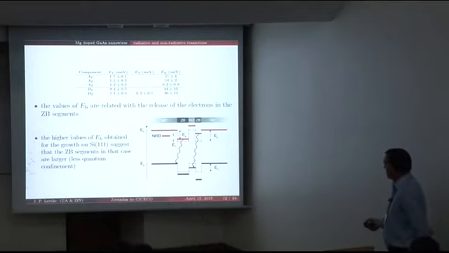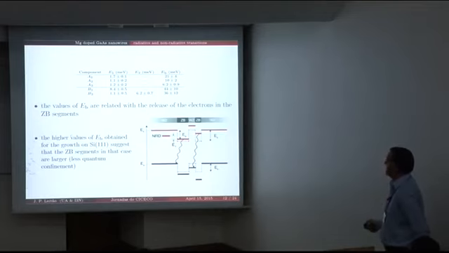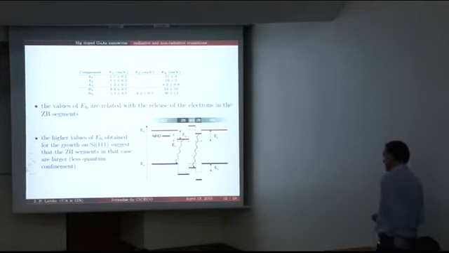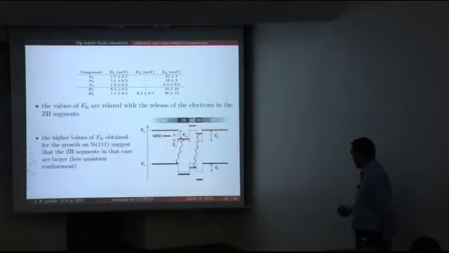The higher values of EV, these values here, obtained for the growth on silicon, suggest that the zinc blende band offsets, in that case, for the growth on silicon, are higher than the offsets obtained for the growth on gallium arsenide. So it corresponds basically to the difference between these two offsets shown here.